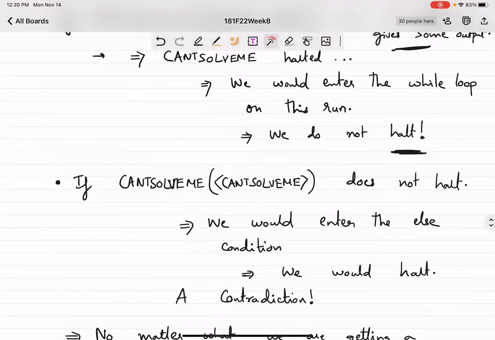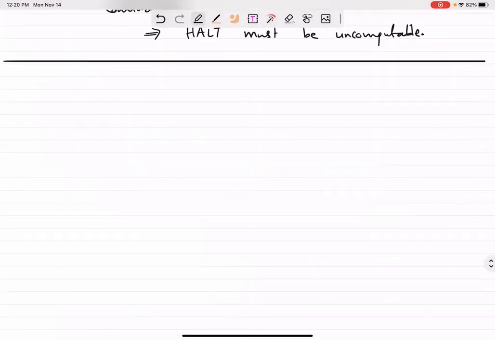Okay, let's do one more example of a reduction, and then we'll move on to the next topic. I'll call this another example of a reduction.